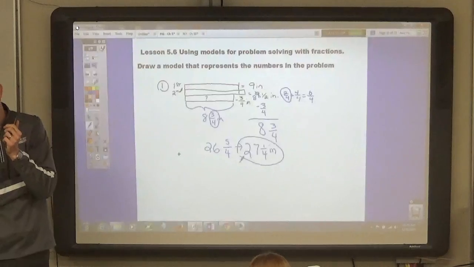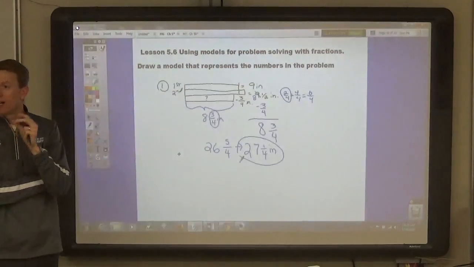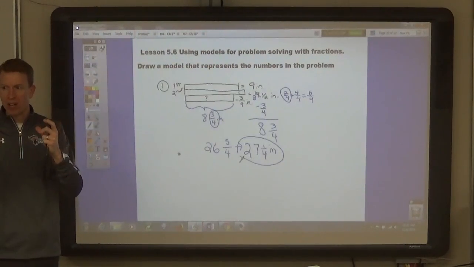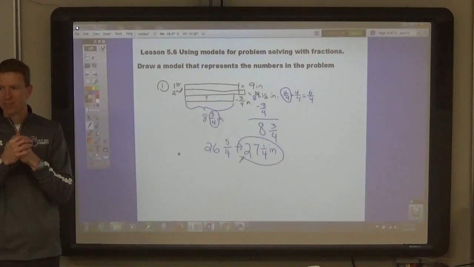Well, it depends on the equation, all right? But if you draw a simple model, that should not make it harder to understand. If you draw a box and put a number on it, it should not make it harder to understand. Okay?